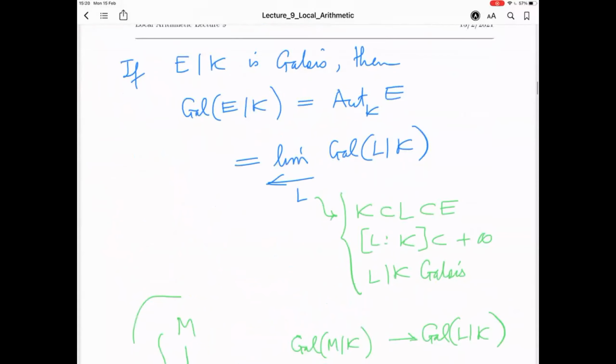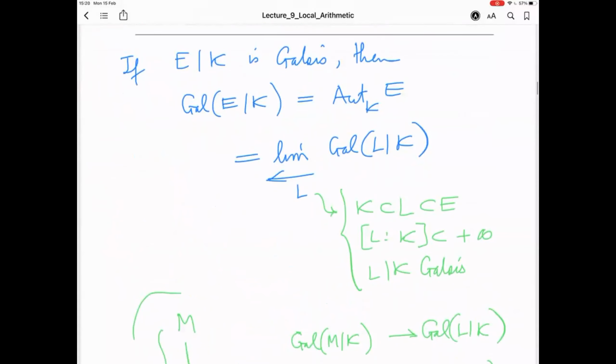Now, I want to define the Galois group in the case when the extension is possibly of infinite degree. It's algebraic, of course, and Galois, but possibly of infinite degree. Then what is to be meant by the Galois group of E over K?